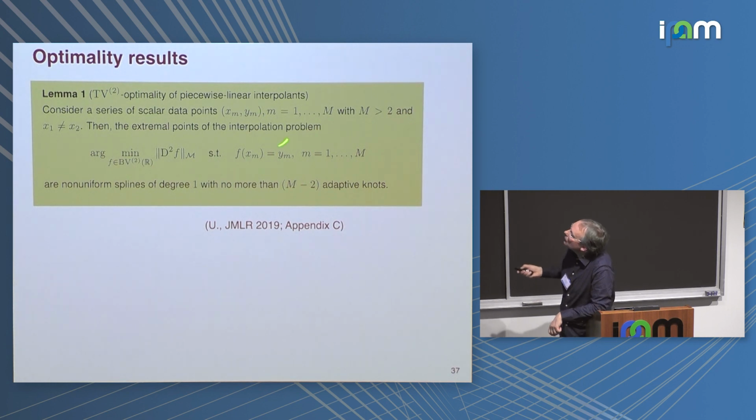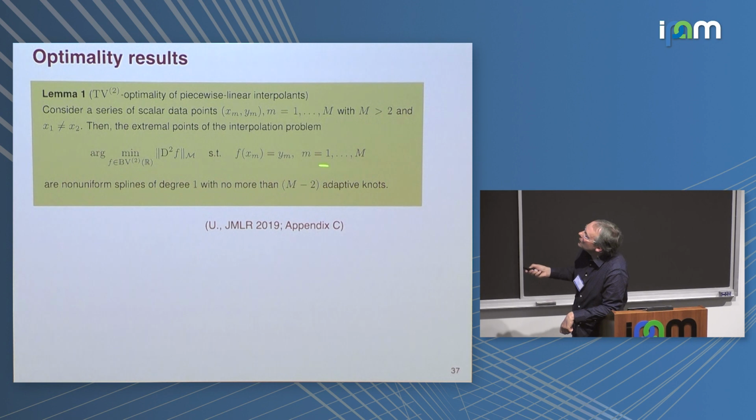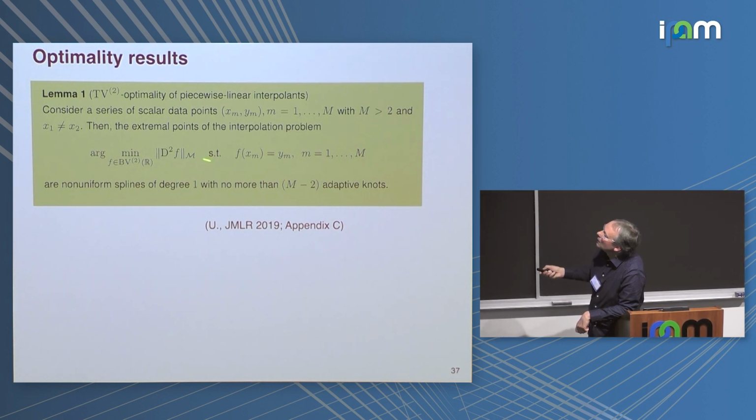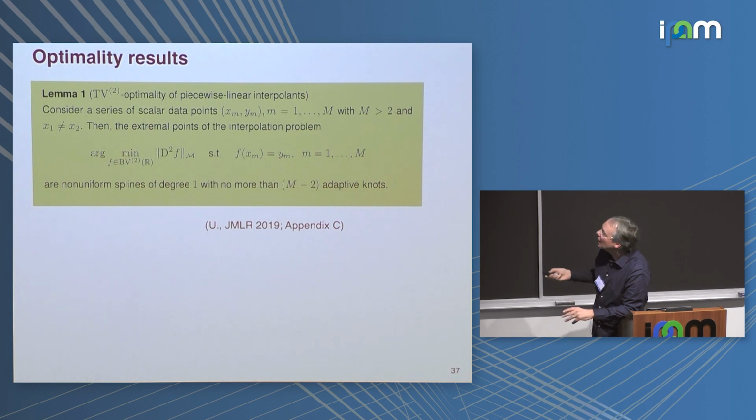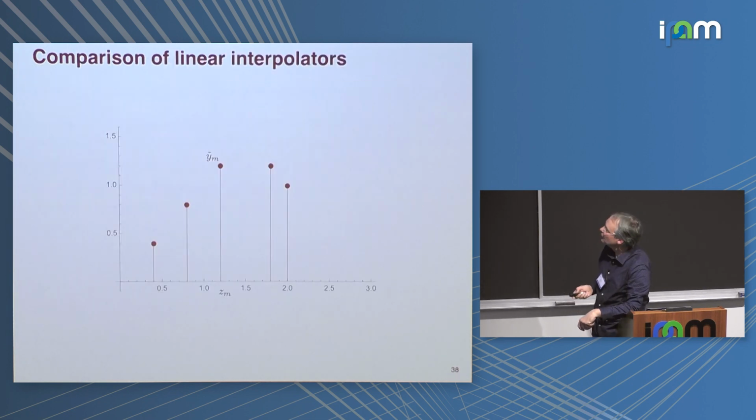There's this theorem that tells you if you're solving an interpolation problem with this D2 condition, it has a solution that is a non-uniform spline with no more than M-2 adaptive knots. And this is somehow a derivative of the theorem I showed you before.